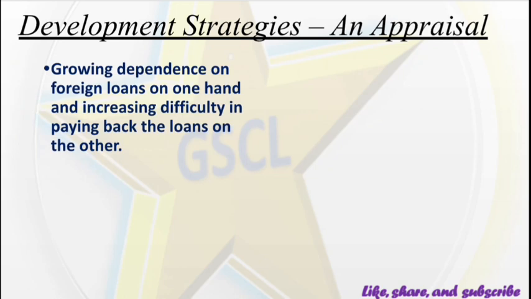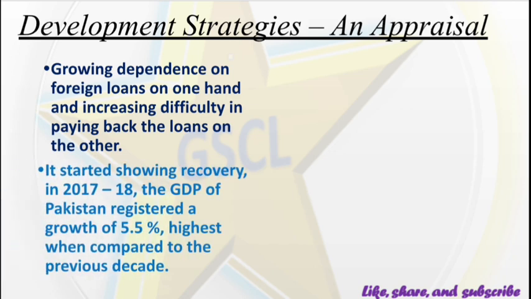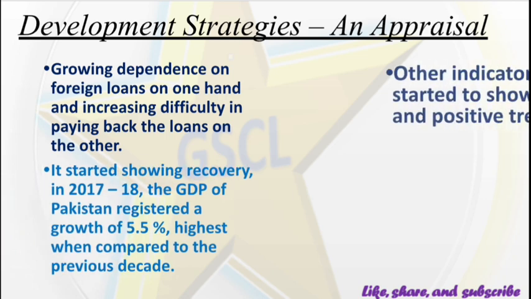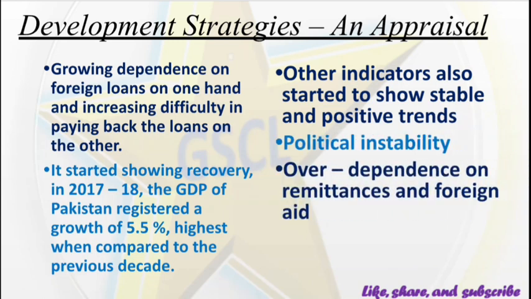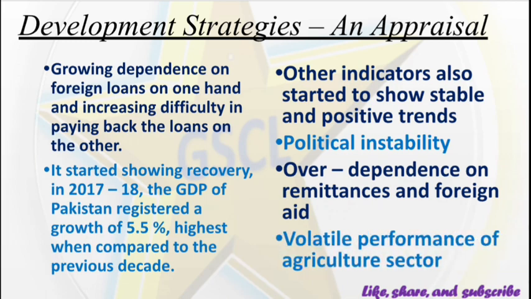But it showed a recovery tendency in 2017-18 with gross domestic product growth at 5.5%, which was better than the previous decade. Other indicators were also showing improvement, but political instability, over-dependence on remittances and foreign aid, and extreme fluctuations in prices of agricultural products were their greatest challenges.